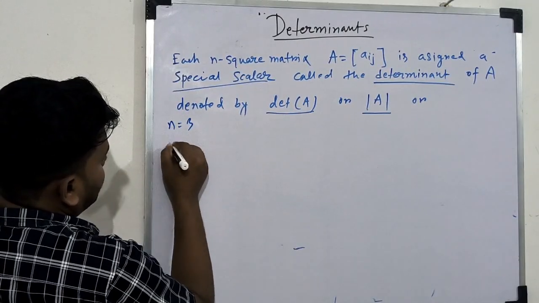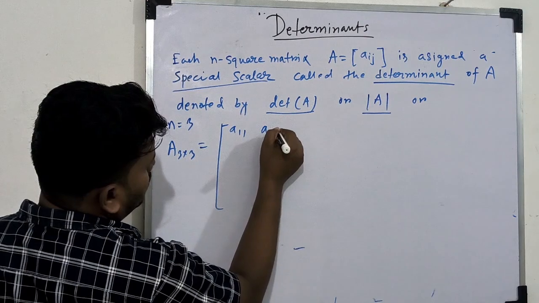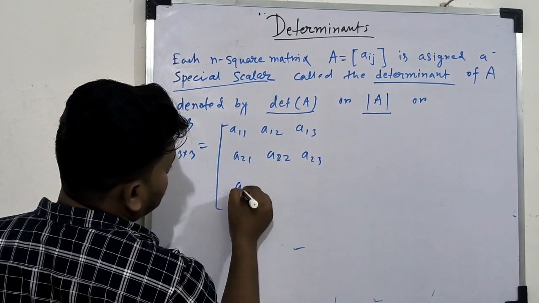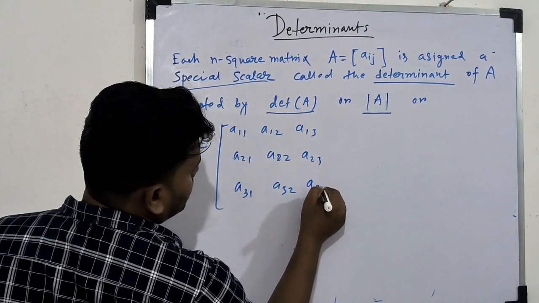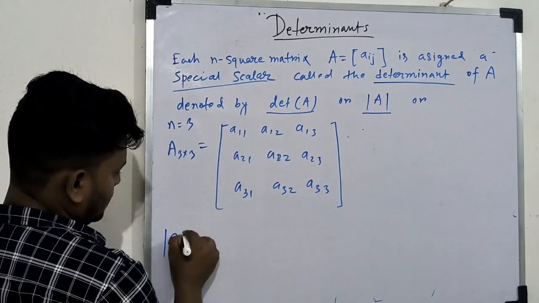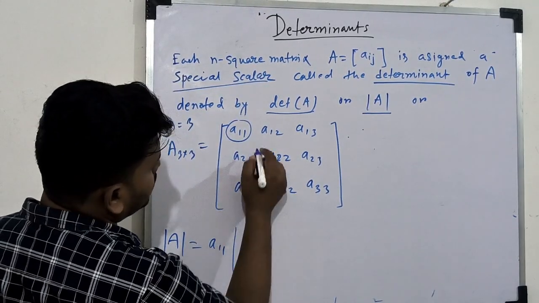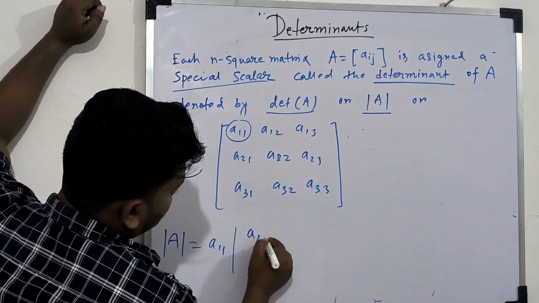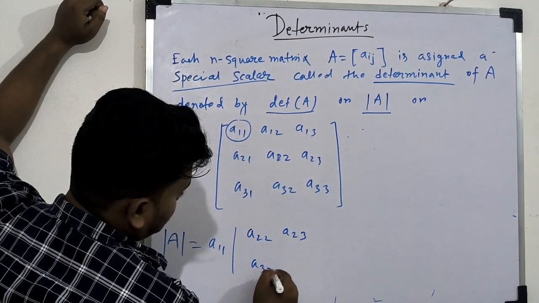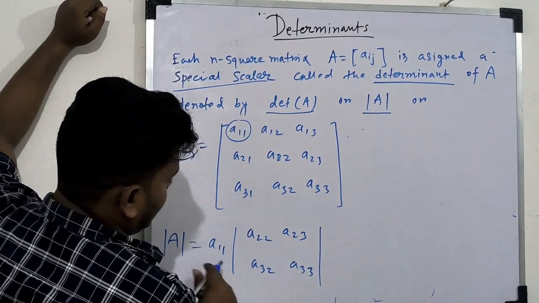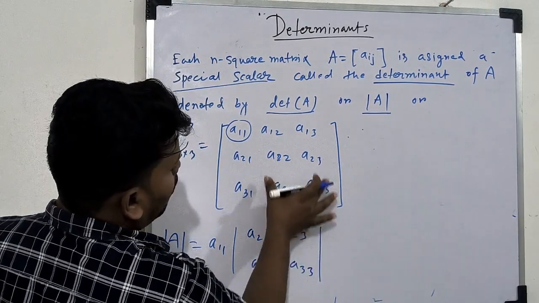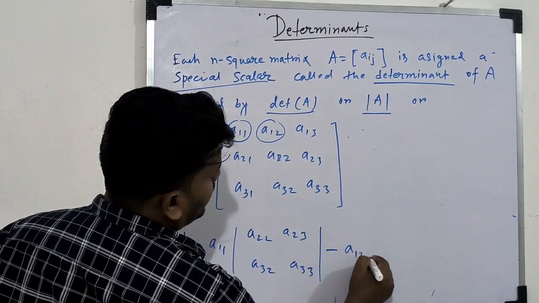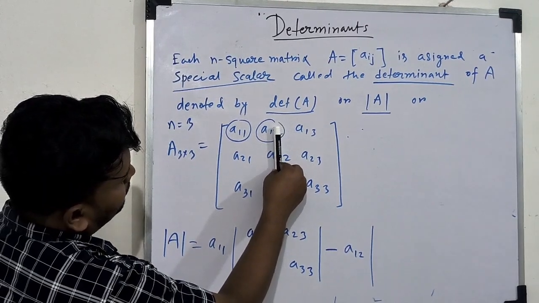For n equal to 3, that is a 3 cross 3 matrix, A11, A12, A13, A21, A22, A23, A31, A32, A33, the determinant will be as follows. First take A11, cut this row and this column, so these four elements will remain. Write A11 into the determinant of this small matrix of order 2, and then minus, write this element A12, and close this column and this row.